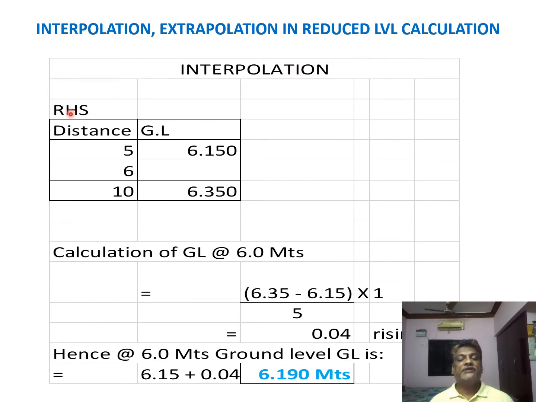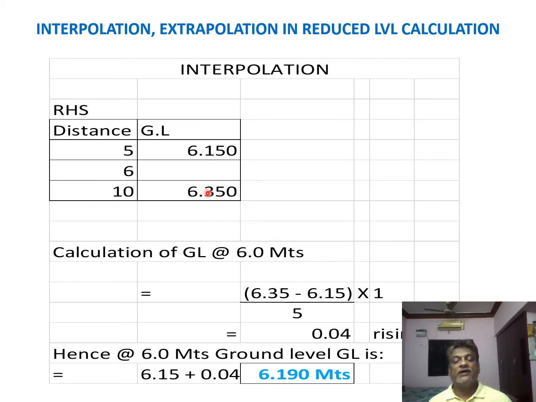Now the calculation details. We have considered the right hand side of the cross section. At 5 meters the ground level is 6.15. At 10 meters the ground level is 6.35. So at 6 meters we don't have the level, so it is calculated in this fashion.